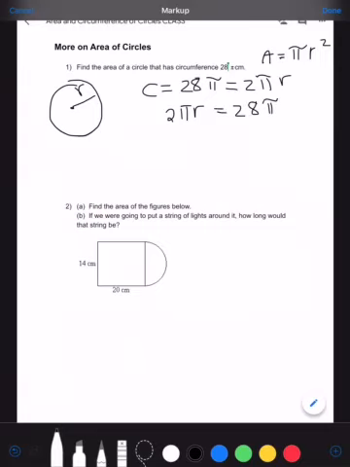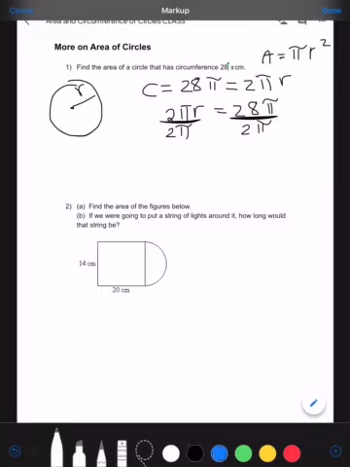So our goal here is to find the area of the circle, and to do that, we need to first find the radius. That's what we're doing here. We are going to leave the r by itself by dividing both sides by, think about it, 2 pi, right?